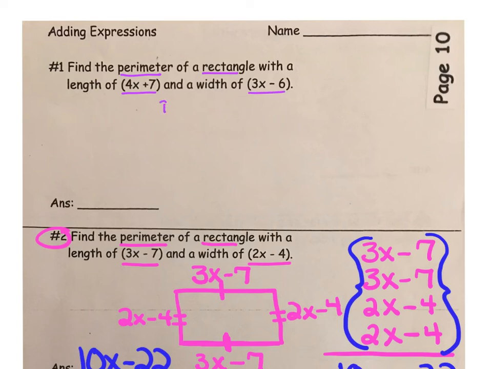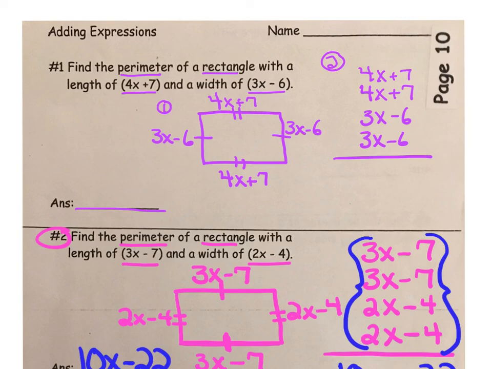First, draw your rectangle, and then second, stack and combine your terms on the right. When you're done, write the perimeter on the line provided. Pause the video right now and complete the work on your own. When you're ready to check it, turn the video back on.